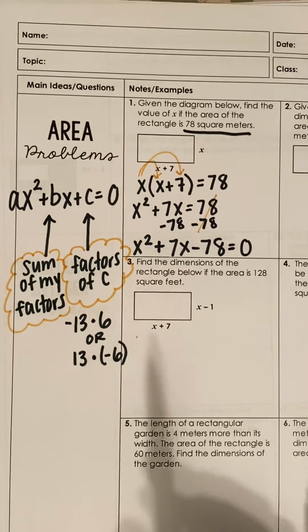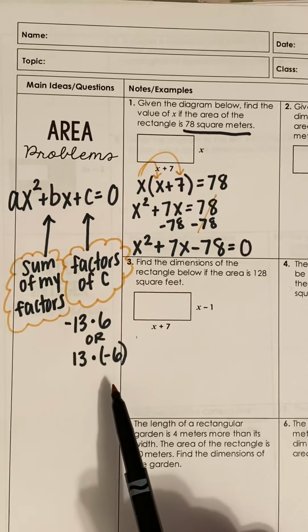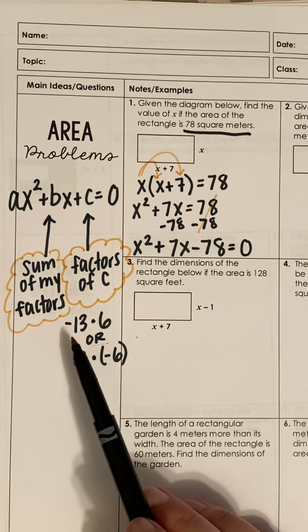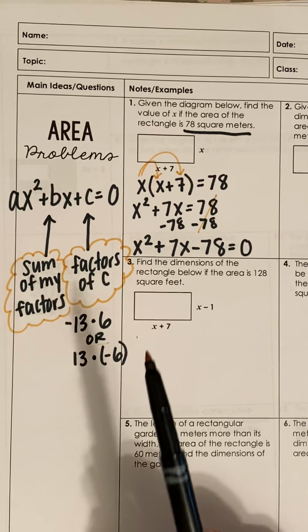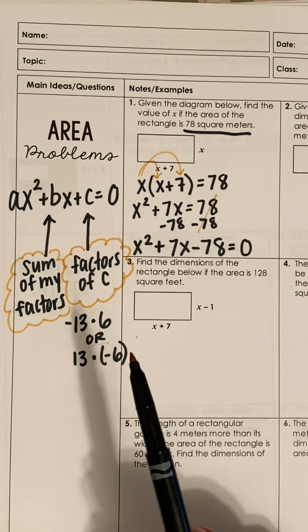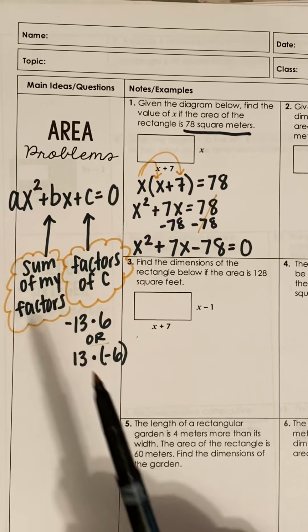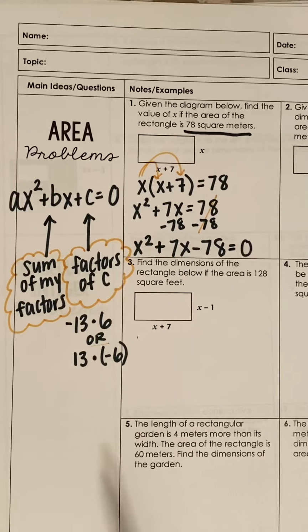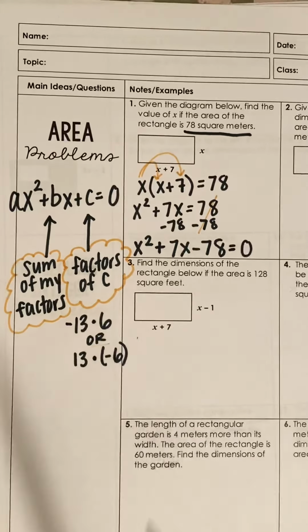So I have to think, what would give me a scenario when I add these, I get a positive 7? Negative 13 plus 6, ooh, that would give me an answer that's still negative. But if I have 13 take away 6, then I end up with my positive 7 that I need.